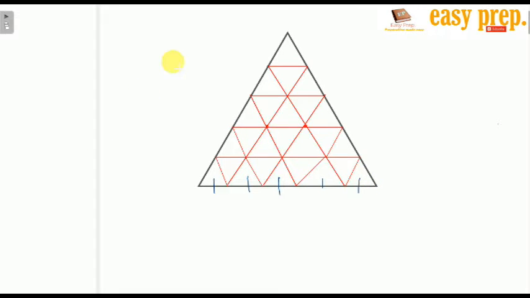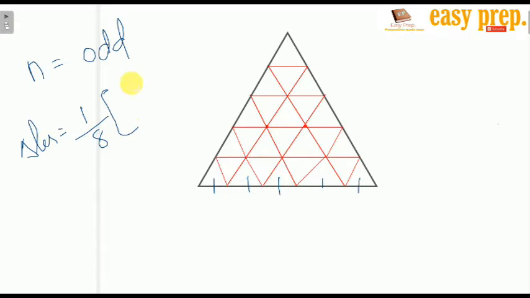So when n equal to odd, there is a formula, that is number of triangles equal to 1 by 8 of n into n plus 2 into 2n plus 1 minus 1.